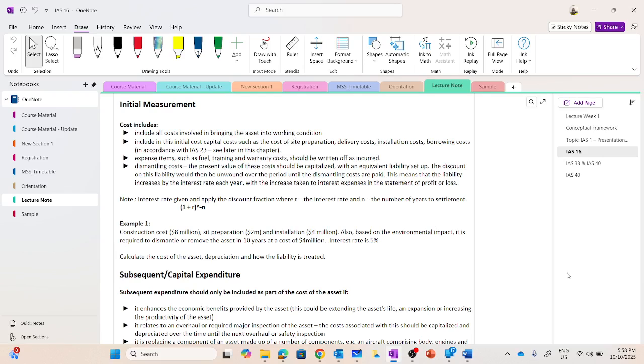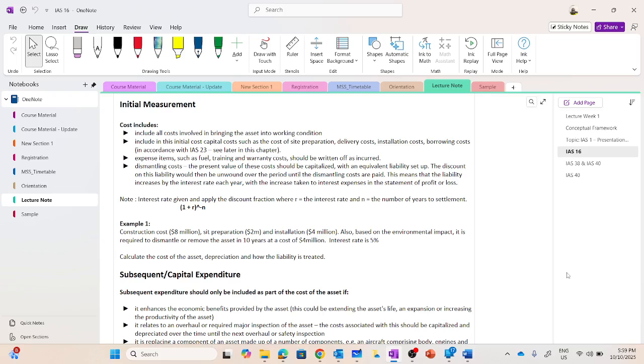The initial cost includes costs such as site preparation, delivery cost, installation cost, and borrowing cost. We are going to look at borrowing cost separately under IAS 23, but for now, let's assume we took out a loan to finance the acquisition of this asset.